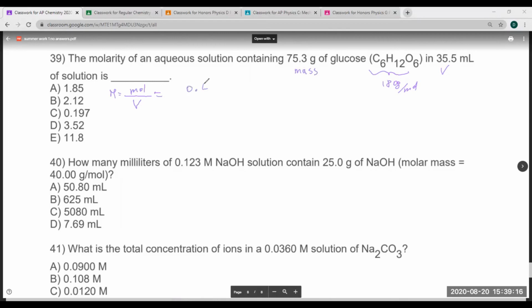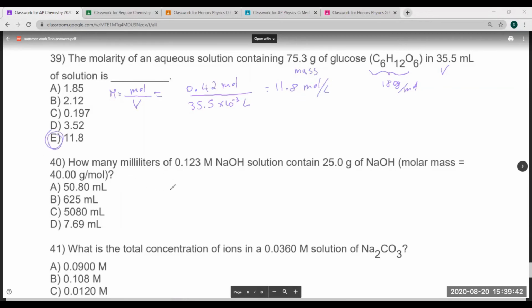So we have 0.42 moles divided by 35.5 times 10 to the negative 3, because it has to be liters. And we have 11.8 moles per liter. So that's your answer.